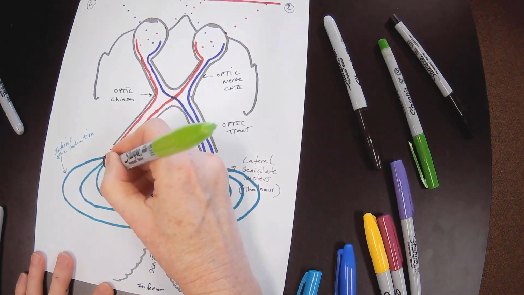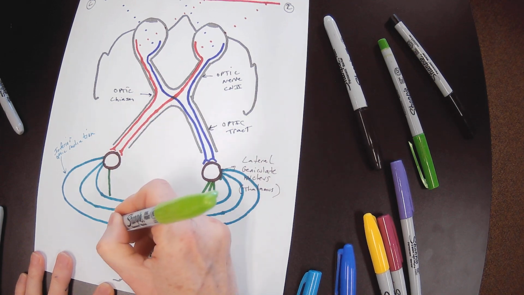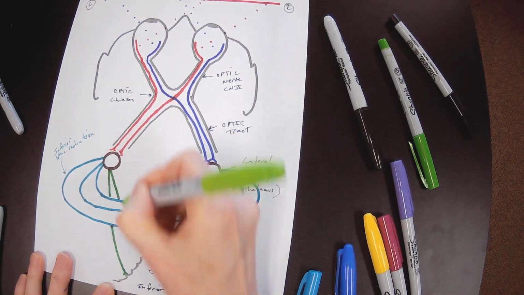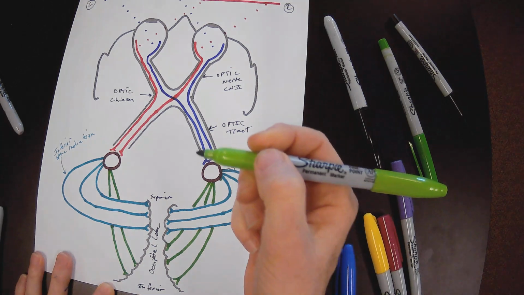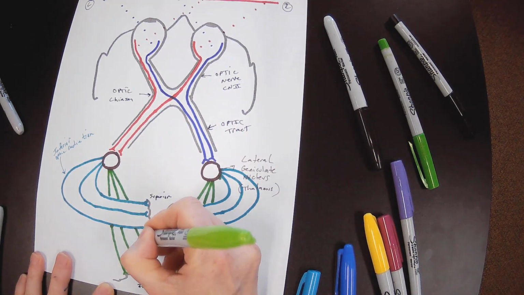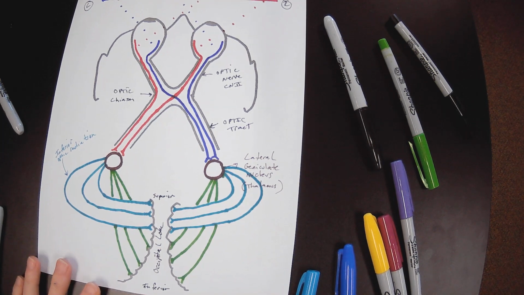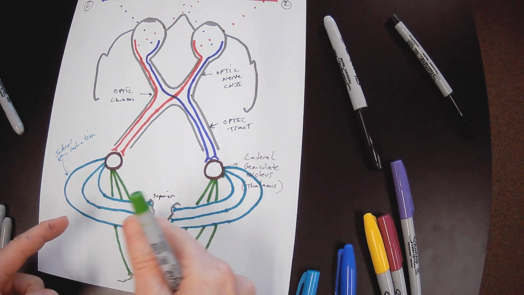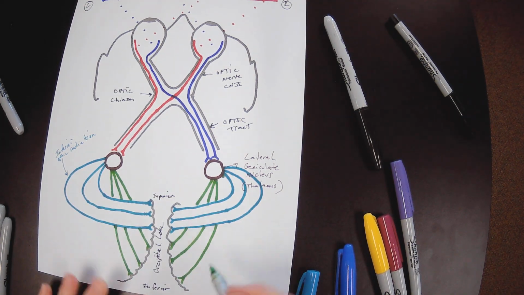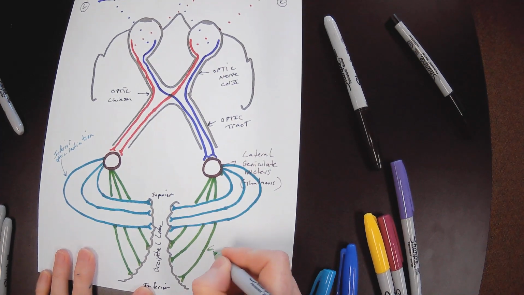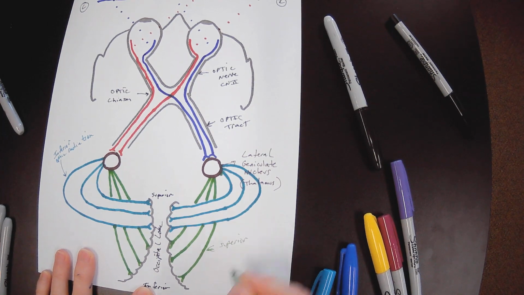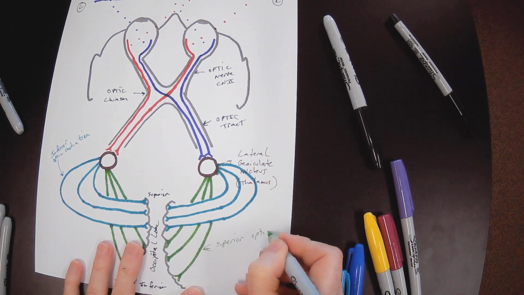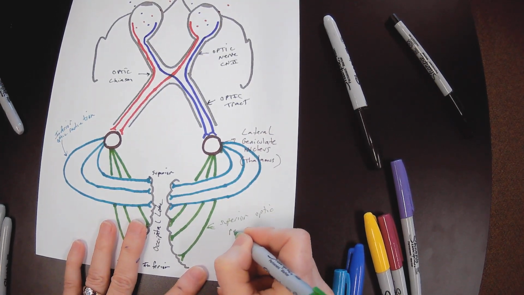Okay, so they just come straight on down. So you have the inferior synapses up high in the occipital lobe, but the superior optic radiation synapses in the inferior portion of the occipital lobe. See that? Superior optic radiation.